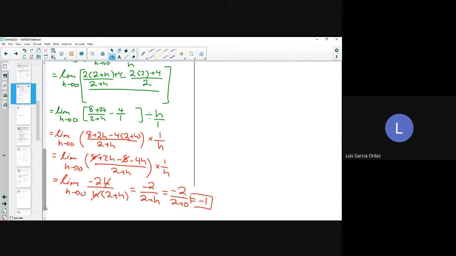So for the 2 times 2 plus 4 over 2, how did you get negative 4 over 1? Oh, because of this subtracting sign over here, you get minus 4 over 1.